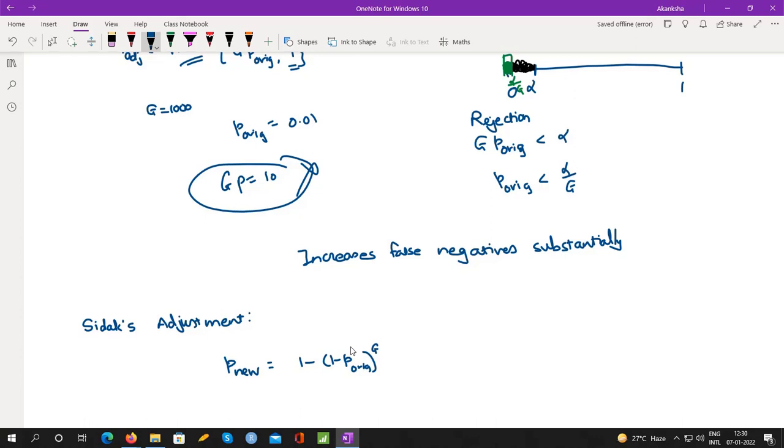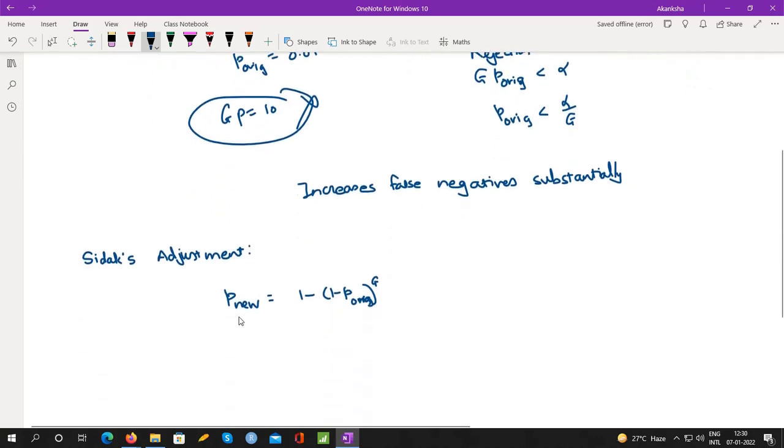Ma'am, the p-value in the Sidak's adjustment is the observed p-value. Observed means what? What have you written in the suffix? Original. Okay, so adjusted p-values are computed using the original p-values that we get from the tests. Ma'am, the Sidak's one will be the larger. Larger, okay. Why?